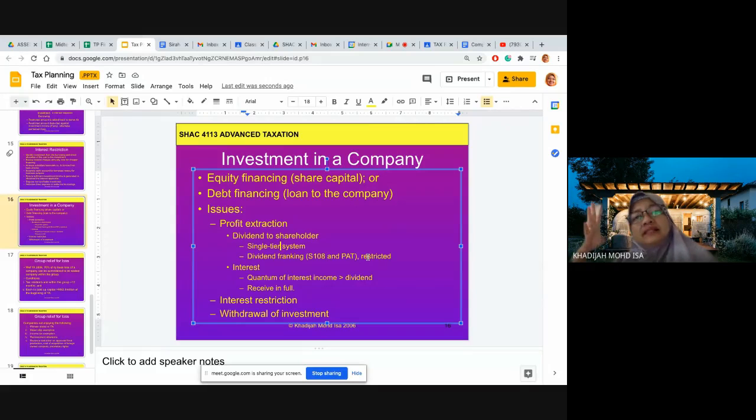But in other circumstances, if the company invests, in order to invest in another company, to buy shares of another company, dia pergi ambil loan. Right, ambil loan untuk invest. So loan tu attach dengan interest, expense. Bila dia dapat dividend from the other company, dividend jadi final because under single tier. So whatever expenses that is attached to the dividend is no longer deductible.